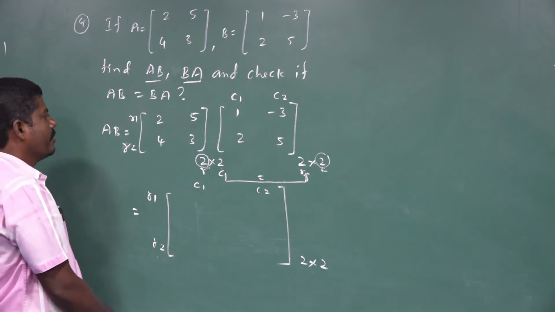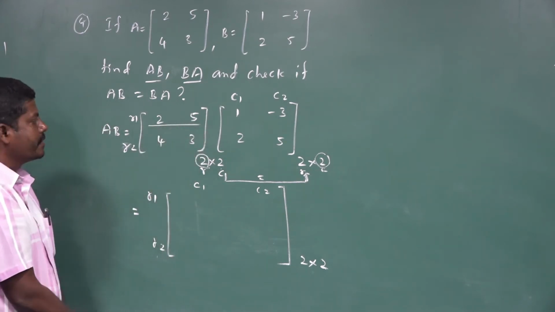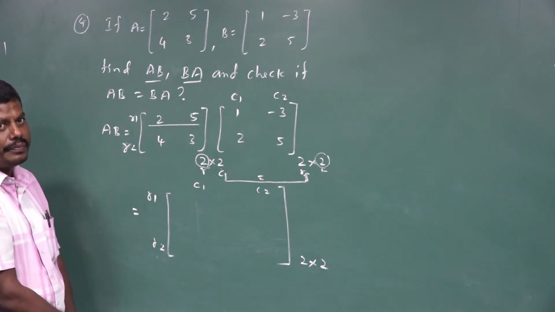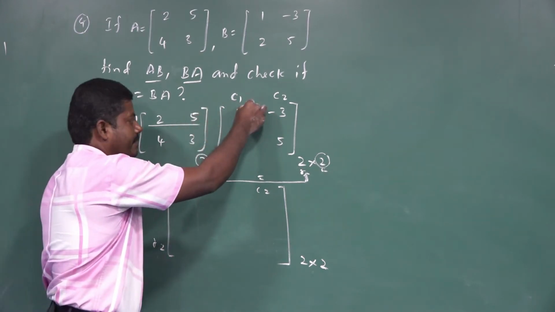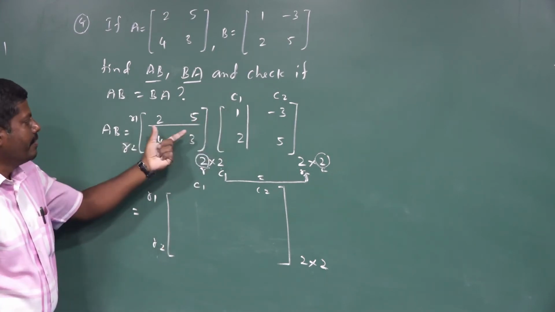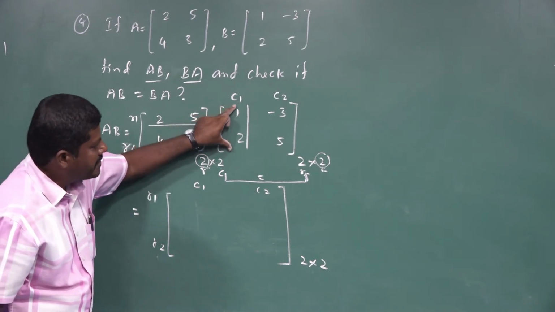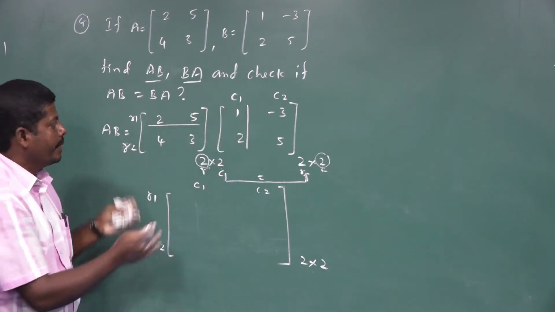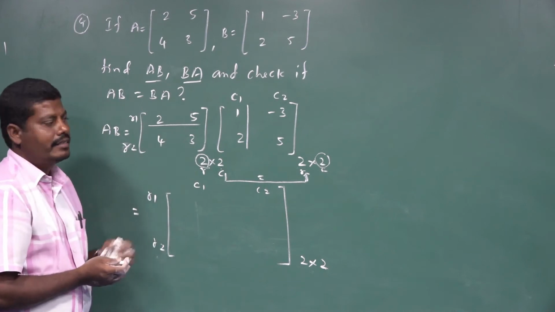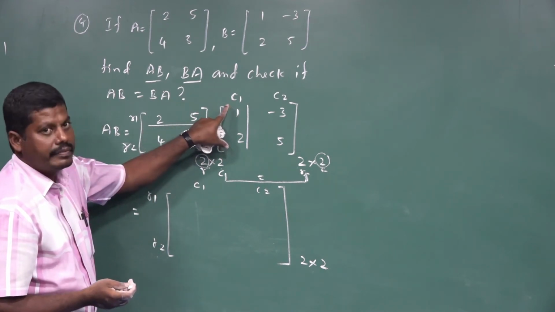Understand? Now from the first matrix you take the first row. From the second matrix you take the first column. You multiply row and column.